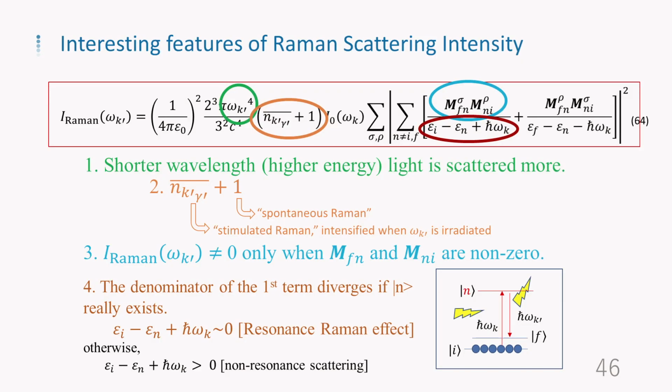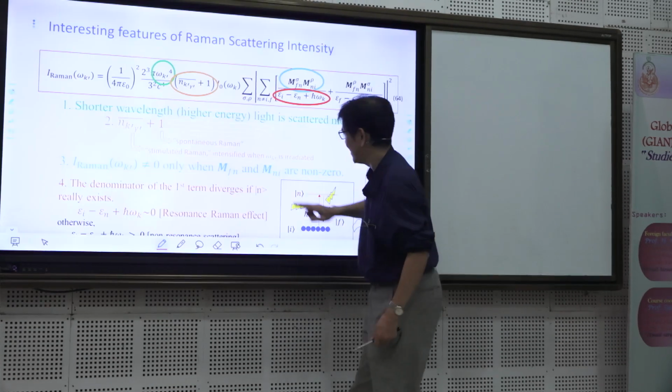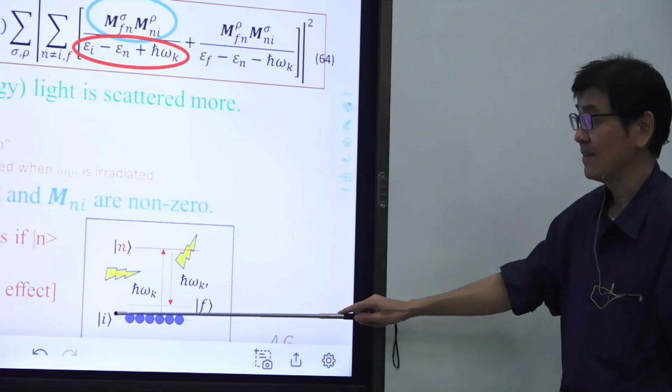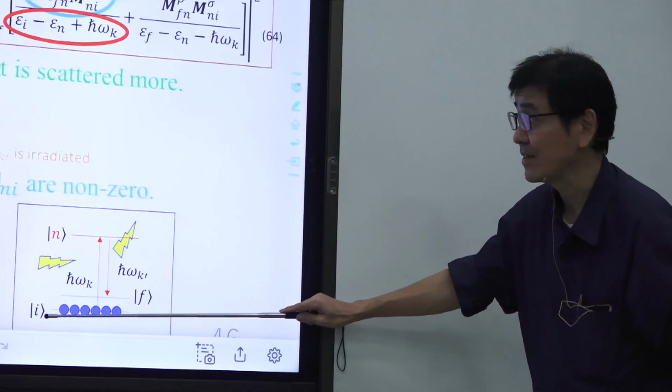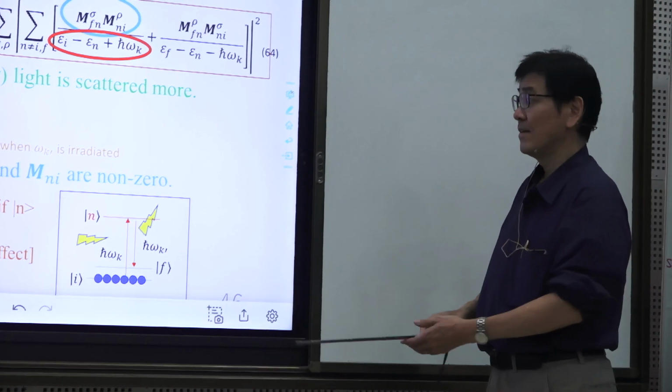So, virtual and real intermediate state. Always we may use this figure. We consider everyone is in the initial state, passing through the intermediate state and going to the final state.